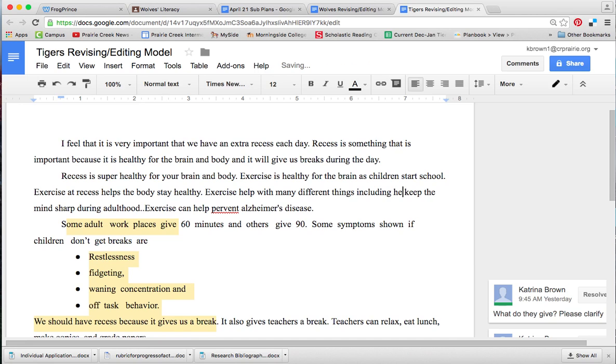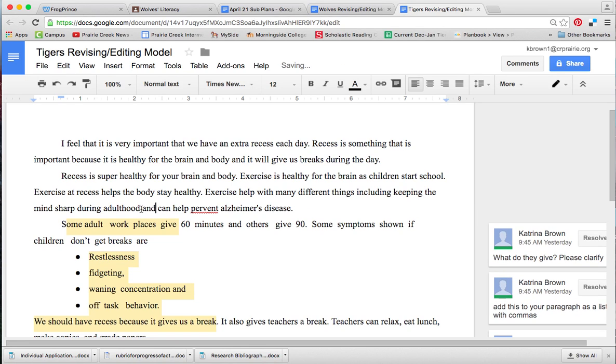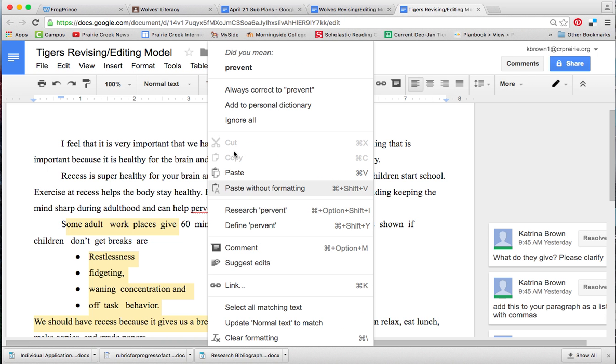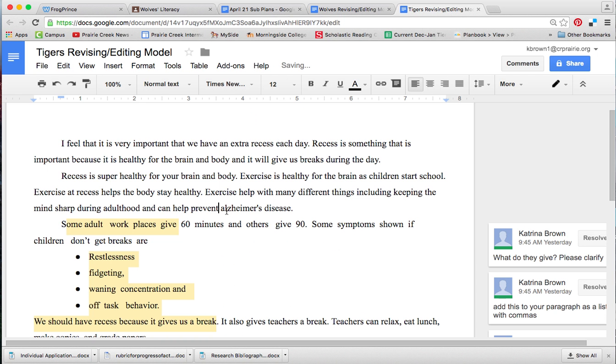Including, I'm going to get rid of helps and say keeping the mind sharp during adulthood, and I'm going to add this last part in, and can prevent Alzheimer's disease. Alzheimer's should start with an A.